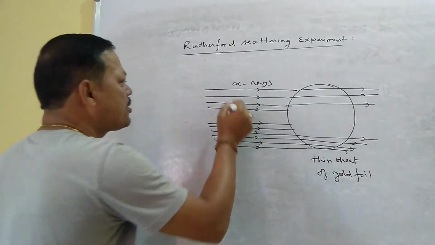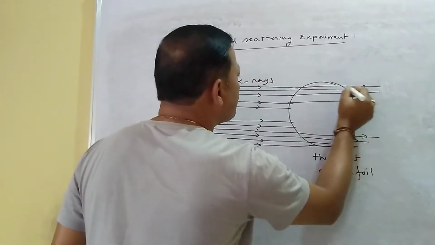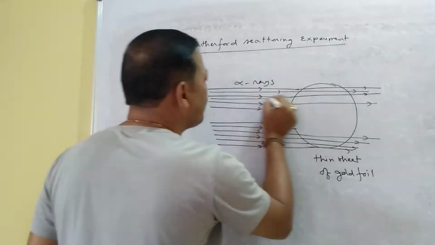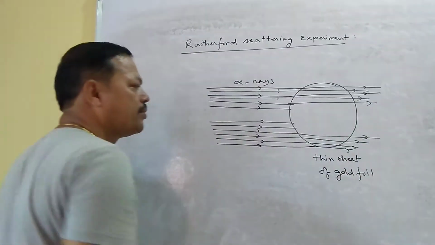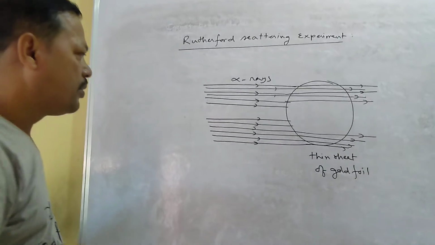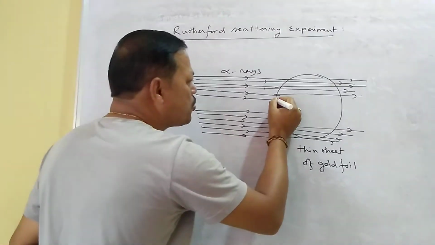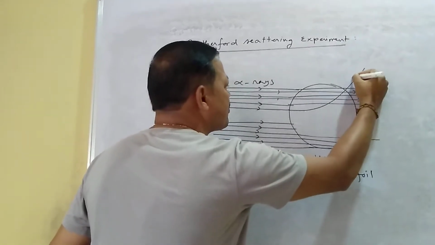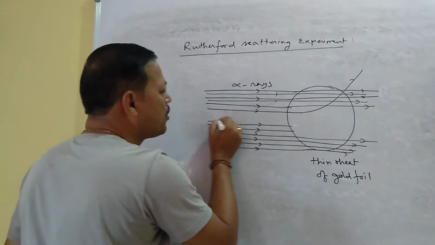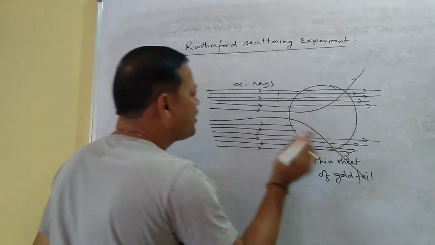So there is no deflection shown by these alpha rays. But in the middle position, some alpha rays show deflection like this. This also shows deflection like this.